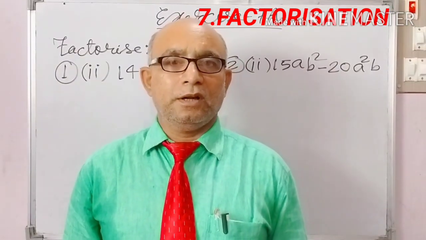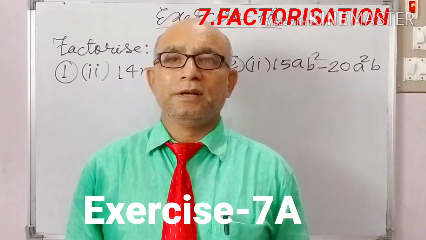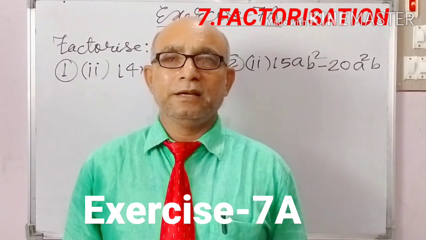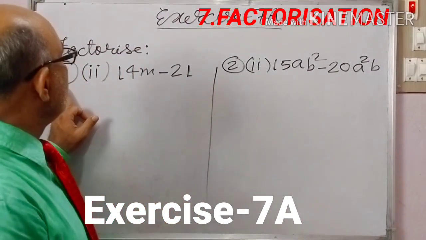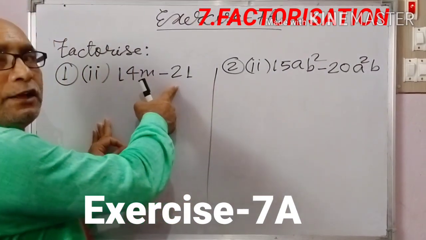Students, now I shall solve exercise 7a. Factorize. Question number 1 is 14m minus 21.